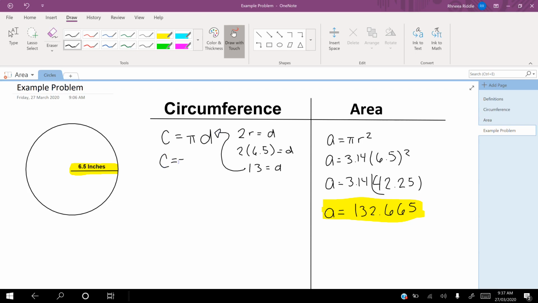So C equals pi times 13. And again, pi is going to be 3.14. And when you multiply 13 by 3.14, you end up with 40.82 inches. So that is our circumference and our area for this example problem circle.